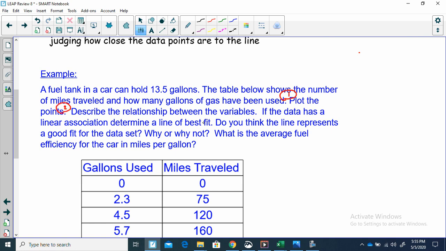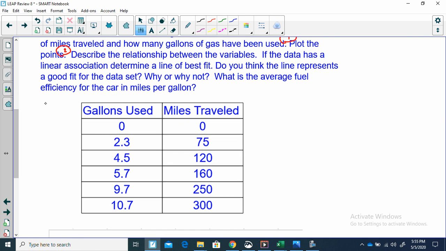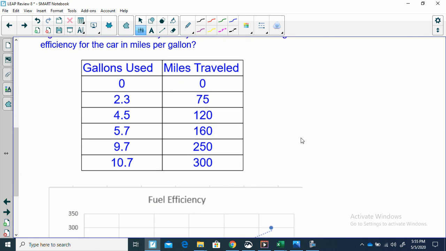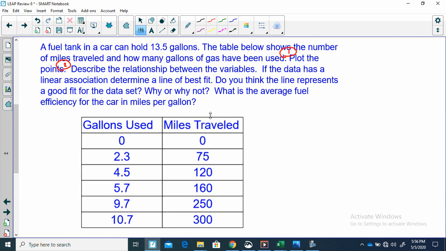Describe the relationship between the variables. Well, let's look and see. Is our relationship linear? Is it positive or negative? We've talked about that before when we're talking about relationships between variables. Well, if we put a line of best fit in here, basically draw a line that fits with the data, it's going up, so it's a positive relationship, and it is linear. The points are close to the line. In fact, it's a close association to this positive linear relationship.